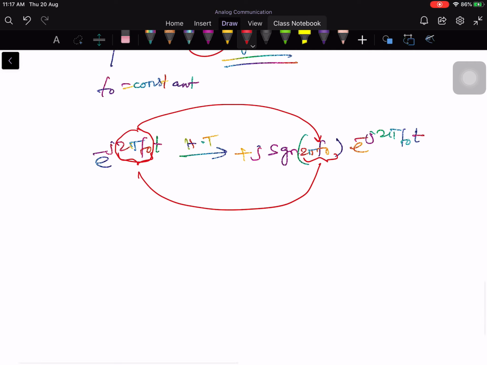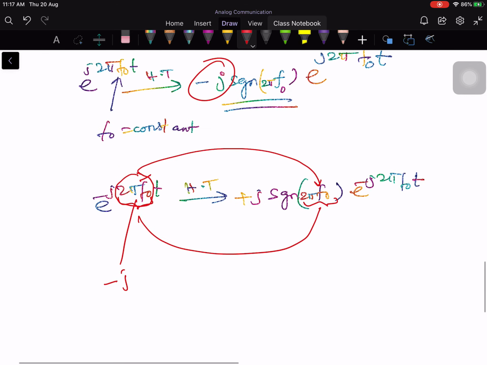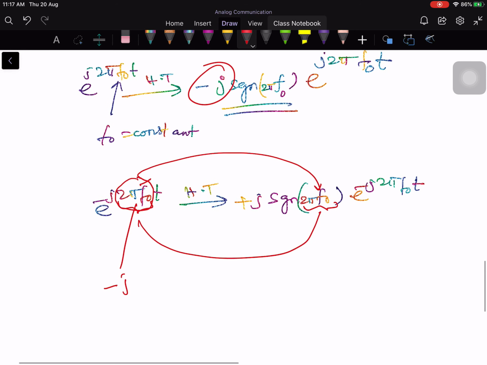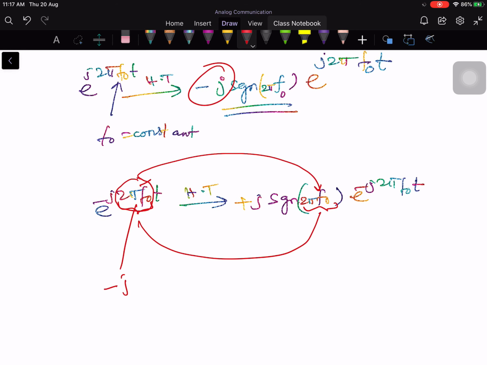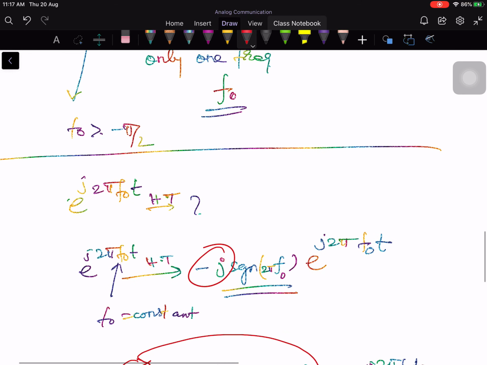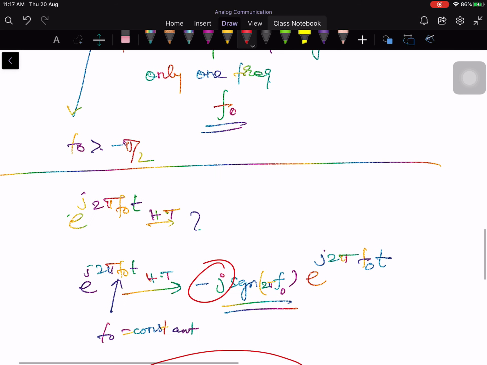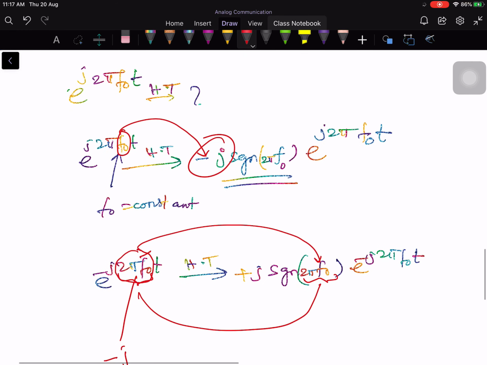So whether it gets multiplied by minus j or plus j will depend on whether the exponent is positive or whether it is negative. Okay, if this frequency is positive, then you multiply by minus j. If the exponent is negative, then multiply by plus j. See here, in this case this is positive, therefore you multiply by minus j, and here this is negative, you can bring this inside, then it is negative, so you put plus here, that's it.